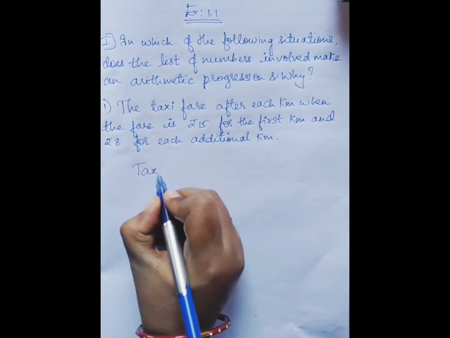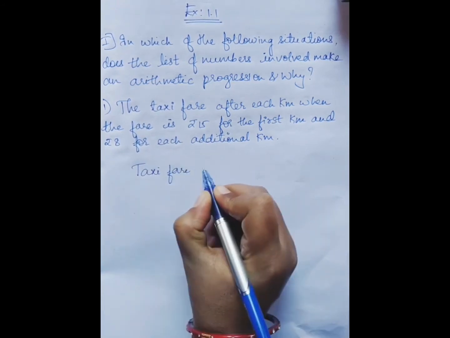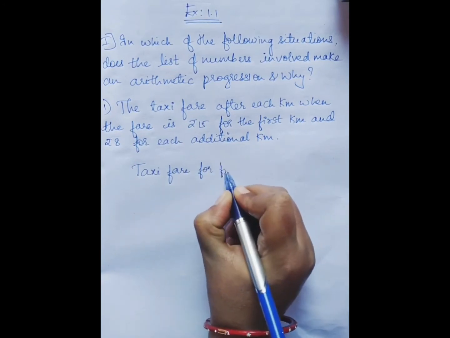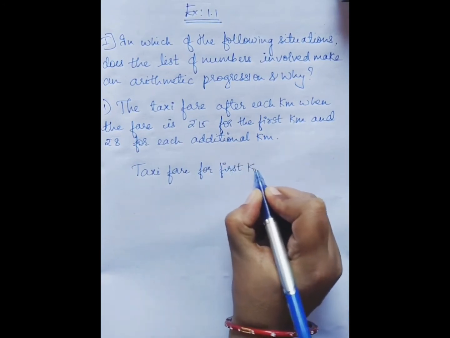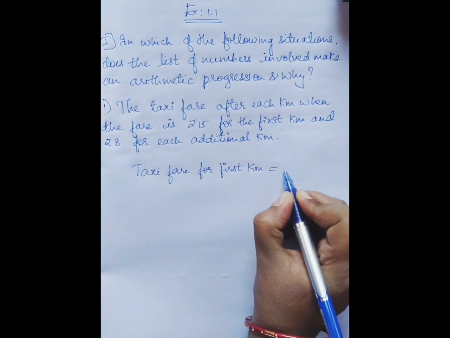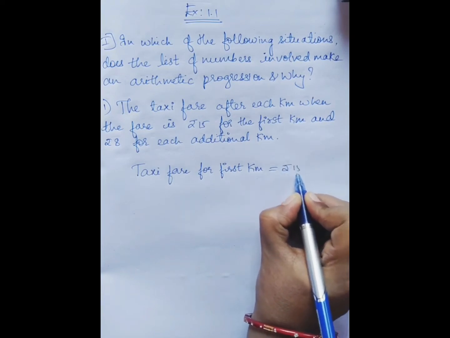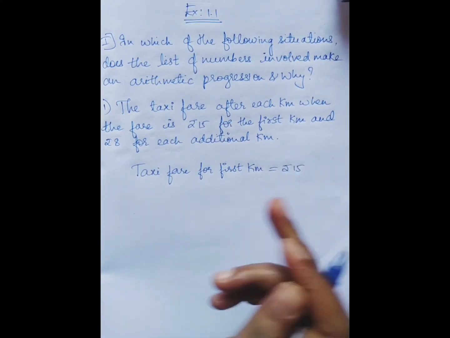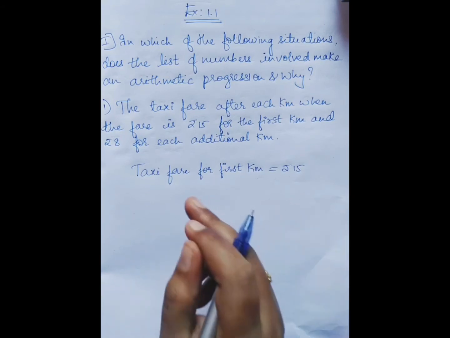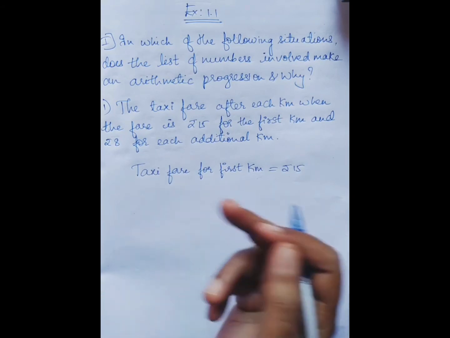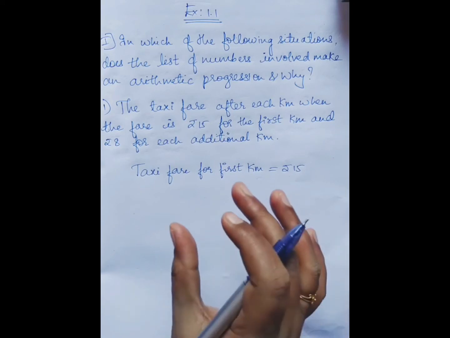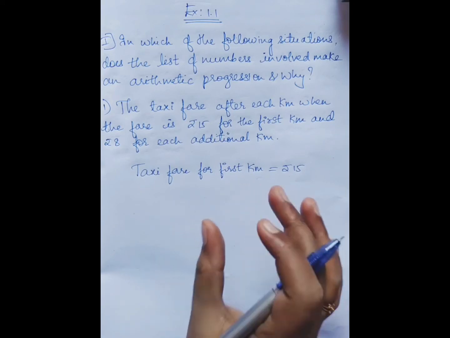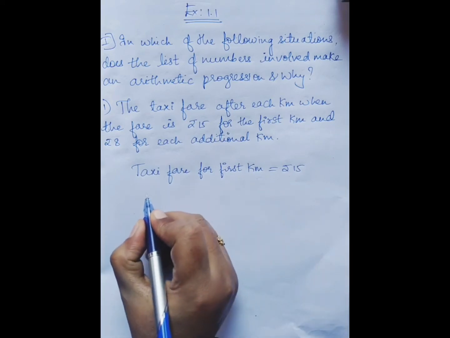So taxi fare for the first kilometer. So how much is it? It is given as rupees 15. Now we need to find, if he is taking 8 rupees extra for the next kilometer, how much you are going to pay the person, just for the second kilometer.